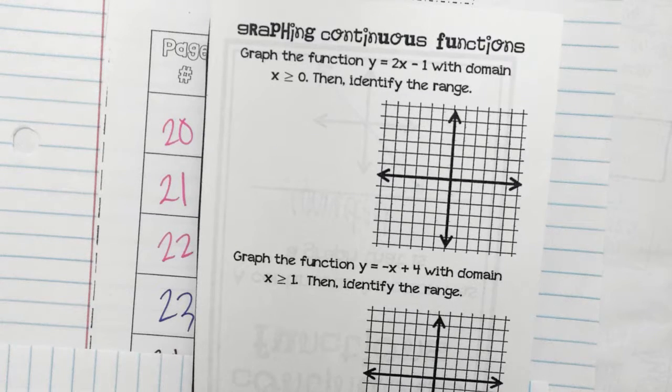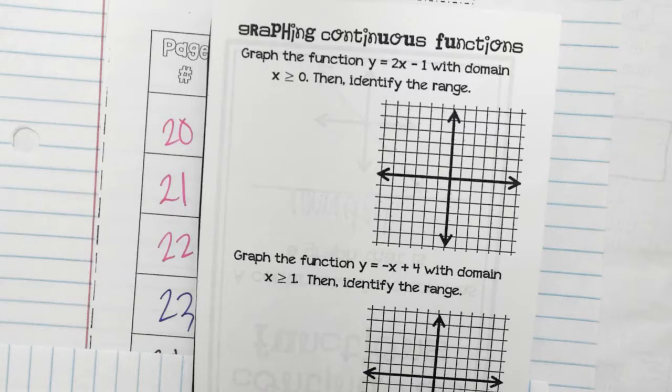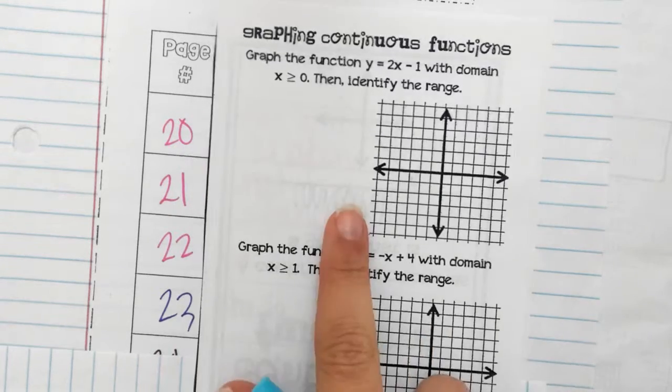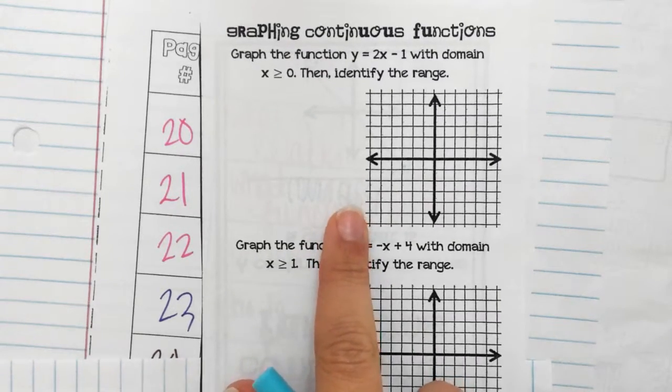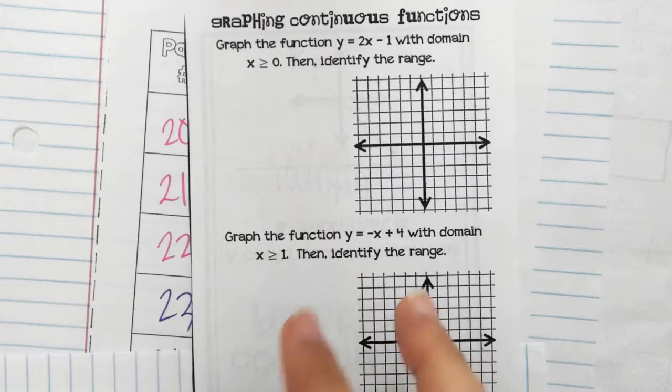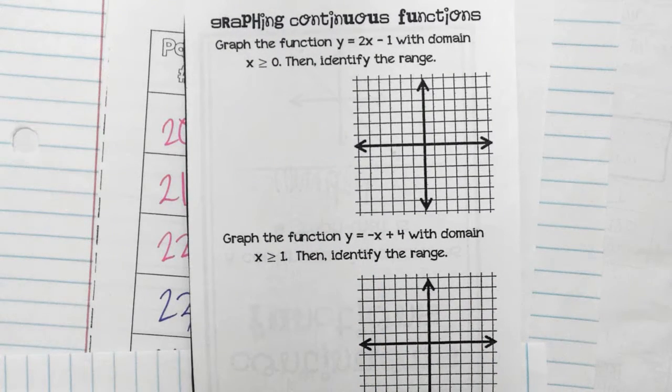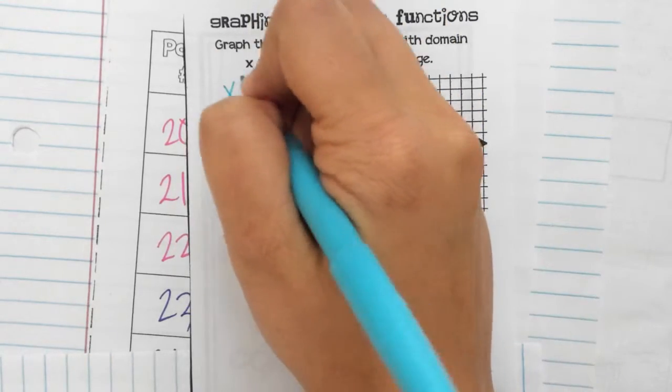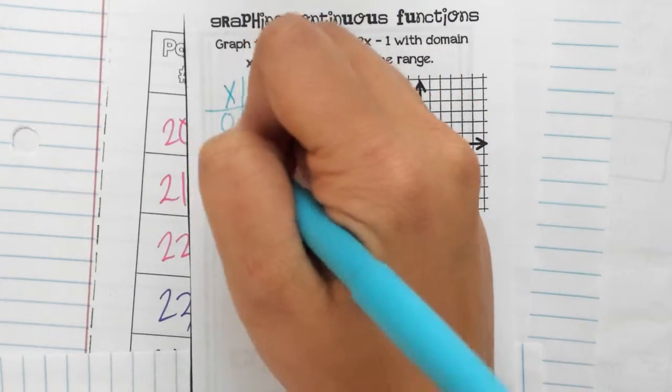All right, so this says graph the function y equals 2x minus 1 with a domain of x is greater than or equal to 0. So what numbers can we plug in for the domain this time? 0, 1, 2, 3, and 4. Who said that?